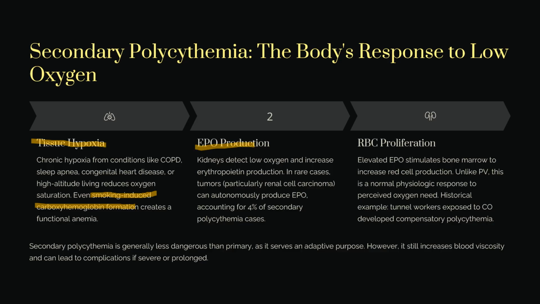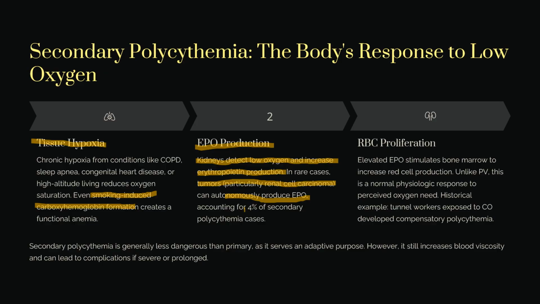Now EPO production. The kidney detects low oxygen and increases erythropoietin production. This is the normal thing, so that an increased amount of RBC can be produced. But in rare cases, when there is a tumor or renal cell carcinoma, it autonomously produces EPO, meaning it doesn't wait to see whether the oxygen level is low or not.